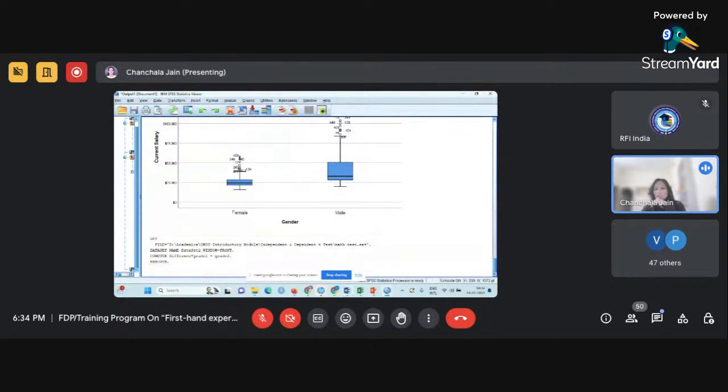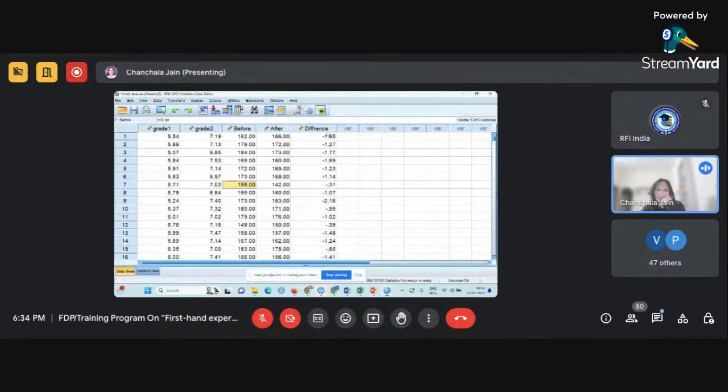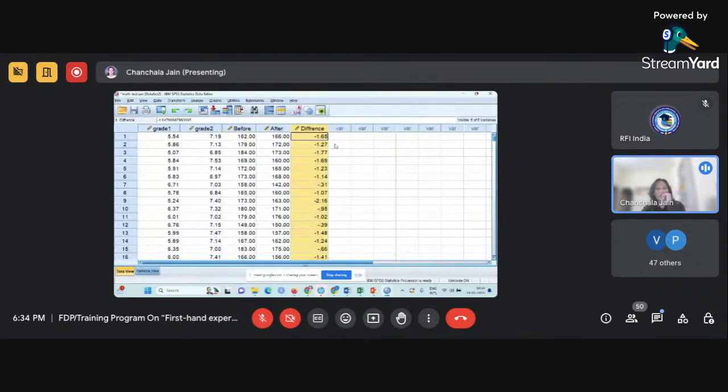This is executed. You can come to your sheet and you can find at the last we are getting a new column with the name difference. Whatever name you have given, that name you can see here.